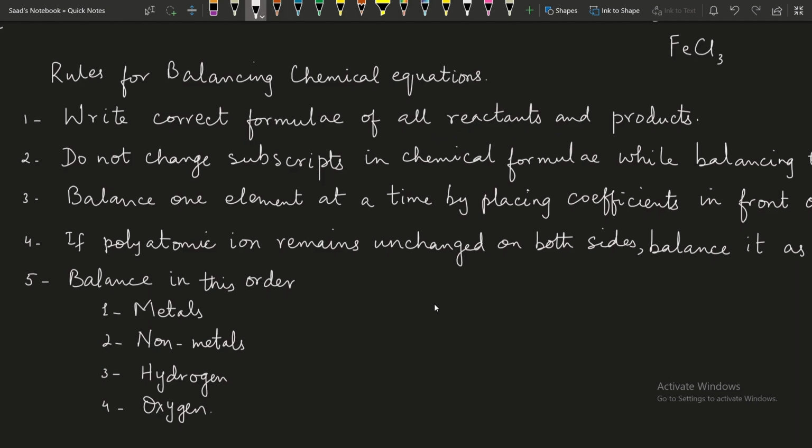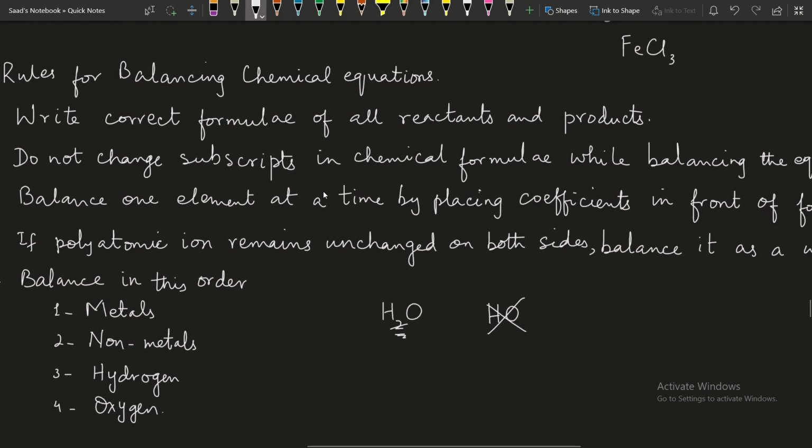Once you have written the formula, for example, if you have written the formula of water H2O, it should remain H2O. You will never change these subscripts. You will not say, oh, I need only one hydrogen, so I'll write water like this. This is not water. So you will never change any subscript given in the chemical formula.